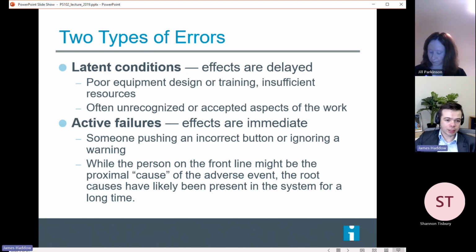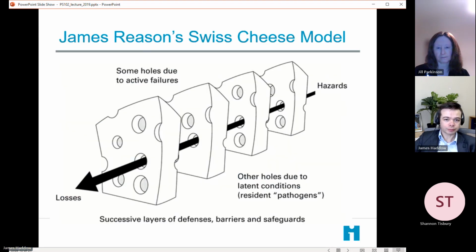What environmental things, what systematic things eventually led to that wrong button being pushed or people ignoring that warning. That's the whole basis of root cause analysis, which we won't go into today, but it helps you understand that we never just focus on the direct failure that led to the harm. We always want to think about the whole environment in which that happened.